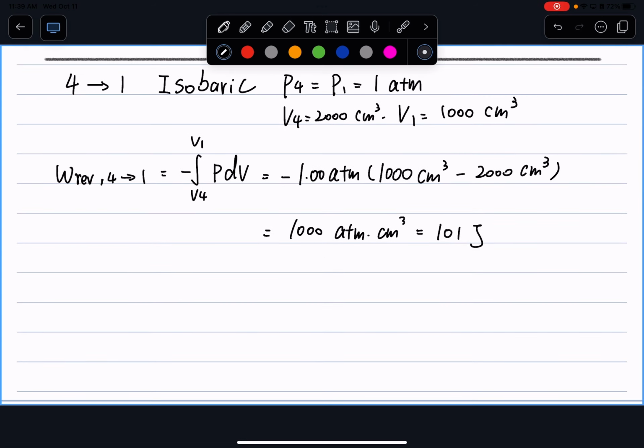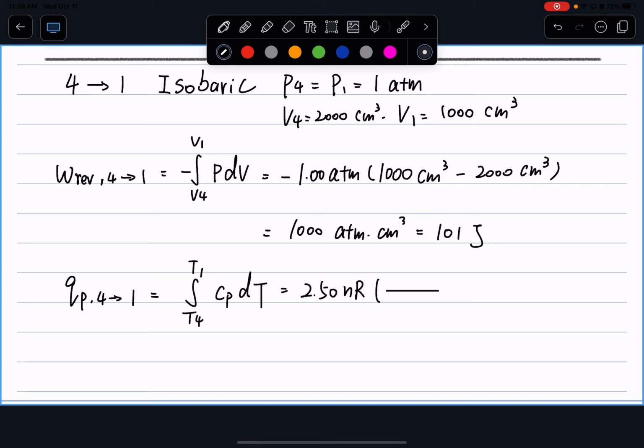And we can do the calculation for our Q 4 to 1 by using the integral from T1 to T4 of Cp dT. Now your Cp at constant pressure is 2.50 nR. Your change of temperature given by the ideal gas law is P1V1 over nR minus P4V4 over nR.